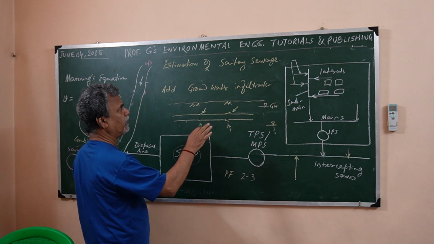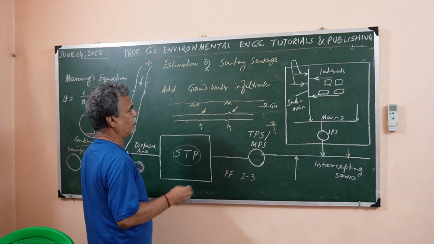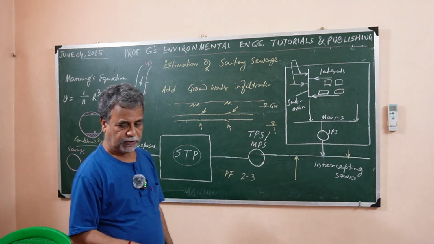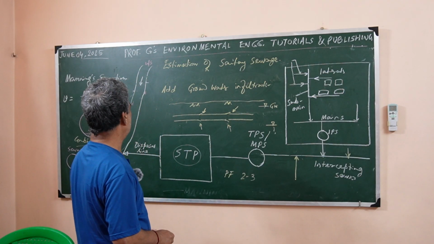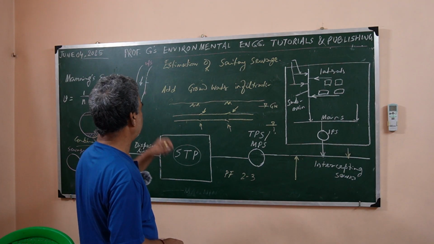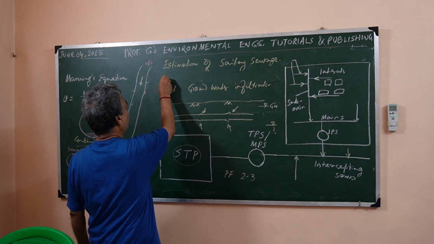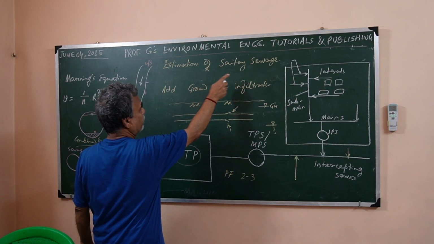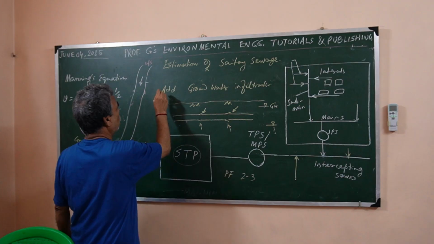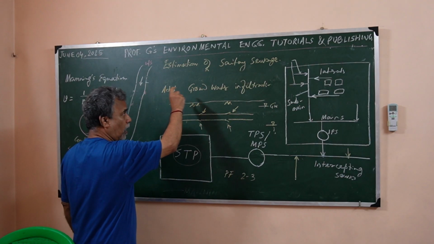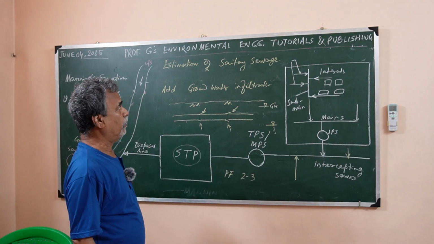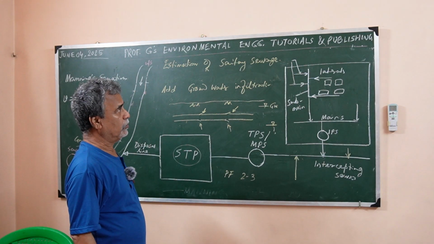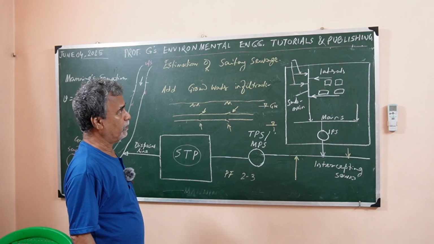I'm not repeating this, I'm just summarizing based on the previous demo series, the lecture session. First, you have to estimate the sanitary sewage, based on the ultimate population at the end of the design period, multiplied by the water supply.